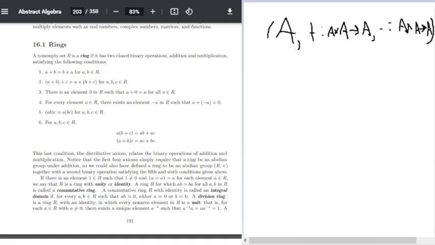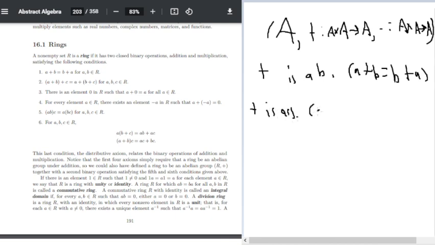Alright, so we have the following properties. So first of all, we have plus is abelian. Actually, commutative is probably not the right word, it is abelian. So we have a plus b is equal to b plus a. We have that plus is associative, so (a plus b) plus c equals a plus (b plus c).